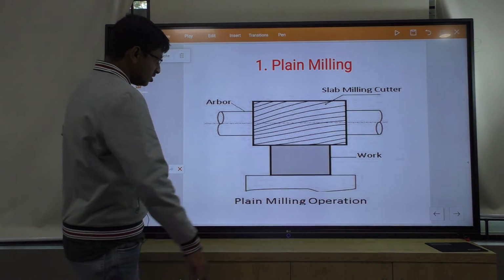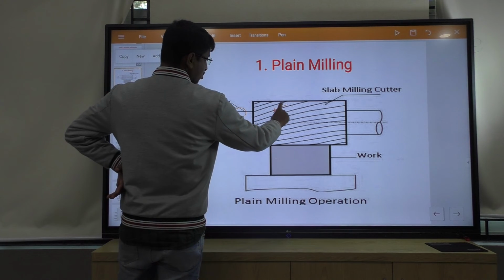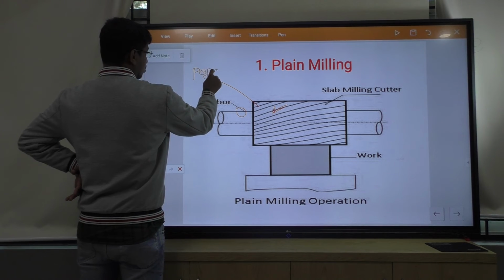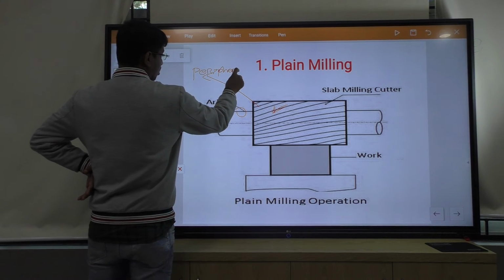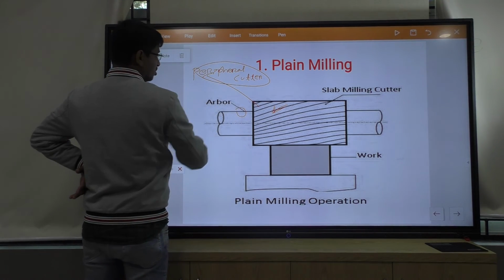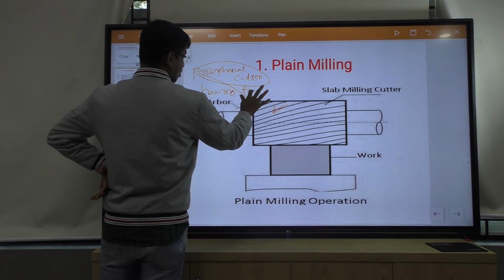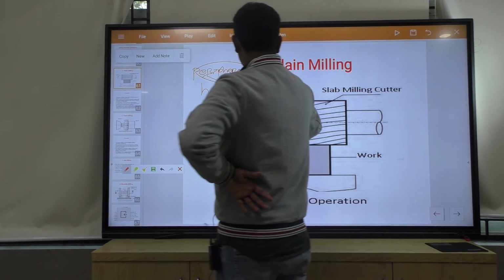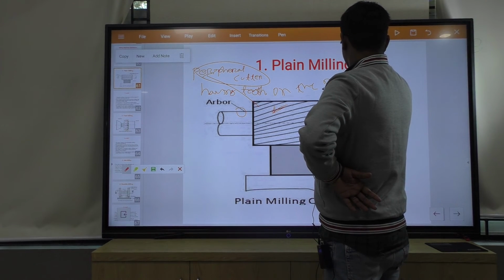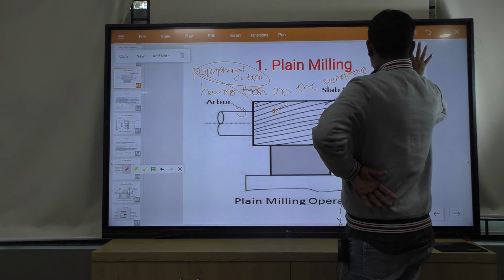This is the workpiece, this is the arbor which holds the peripheral cutter. This is the peripheral cutter having teeth on the periphery of the cutter.